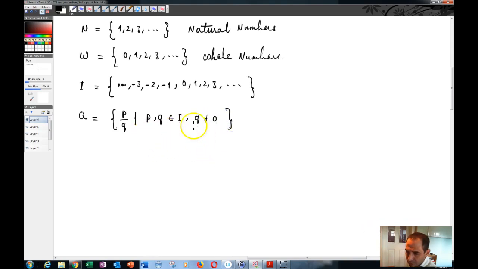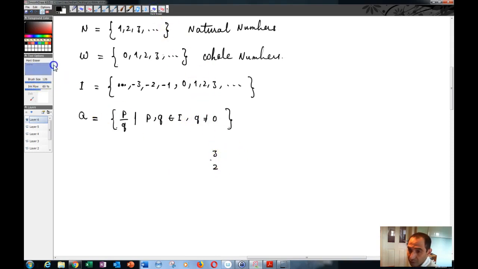So if you have, for example, some number like 3 by 2, that's a rational number, because this is an integer, and your denominator is not equal to 0.